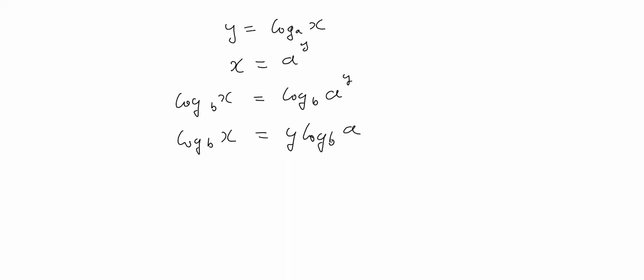So dividing through by log of a to base b, we get y equals log of x to base b over log of a to base b. But of course y is just log of x to base a.